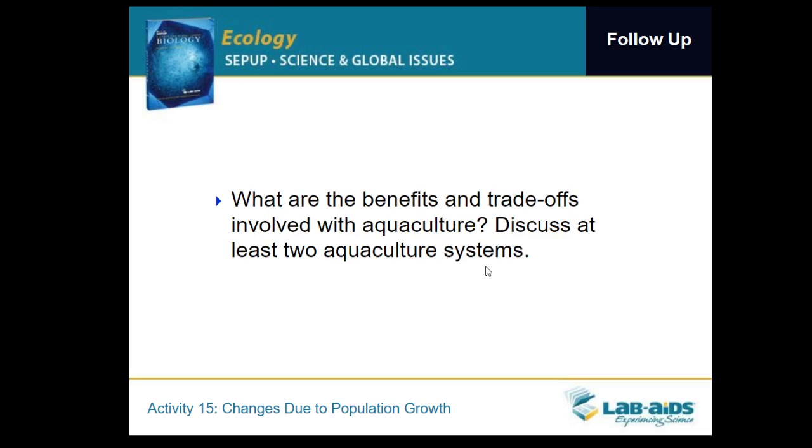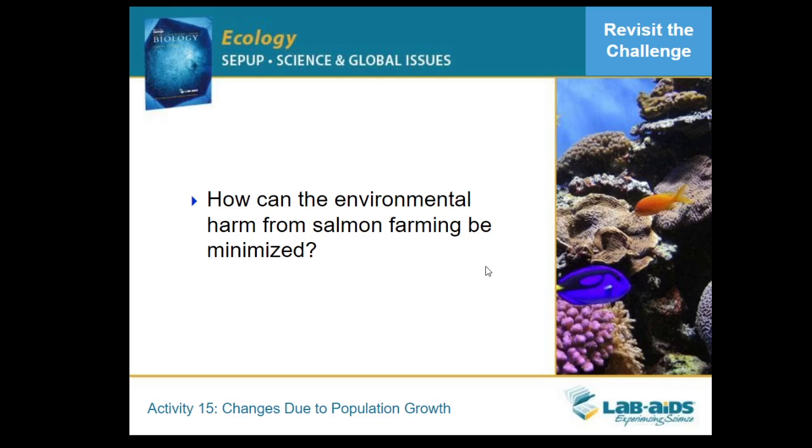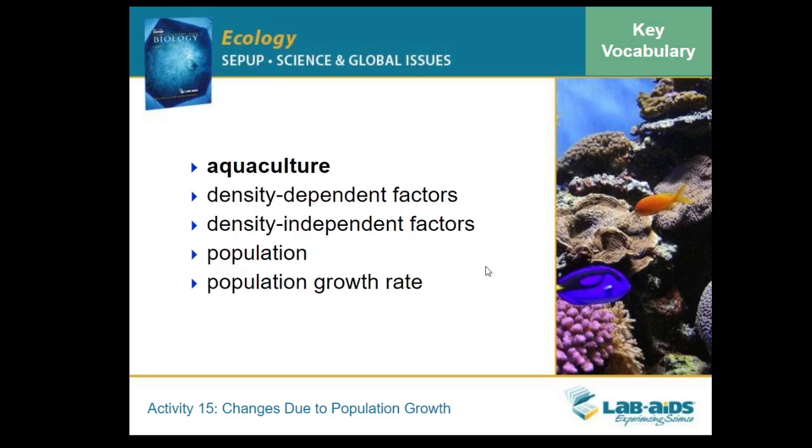And then what are those benefits and trade-offs involved with aquaculture? And remember to read and think about the different kinds of systems. So there's raceways, there's inland ponds, there's open net pens. And then just ultimately, how can we reduce and minimize environmental impact?